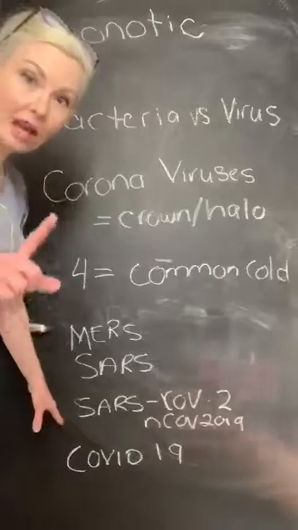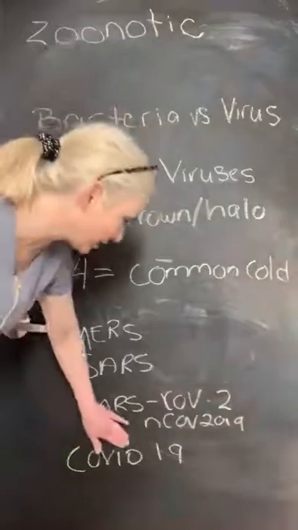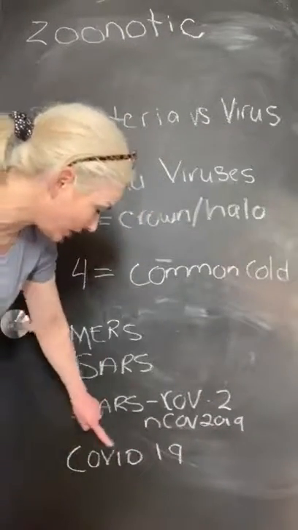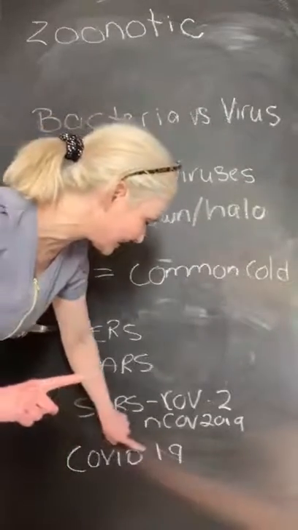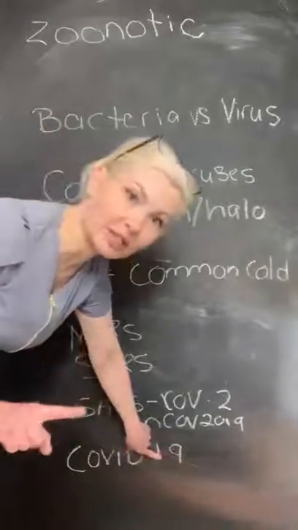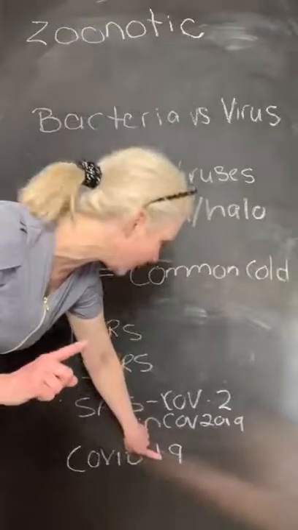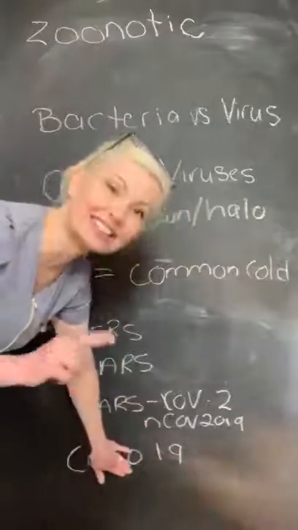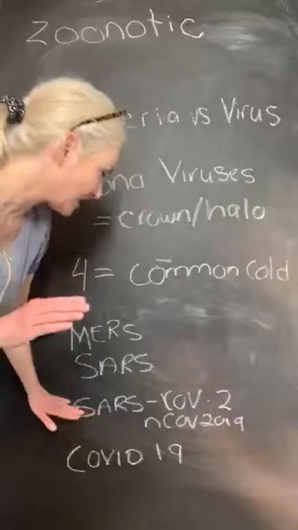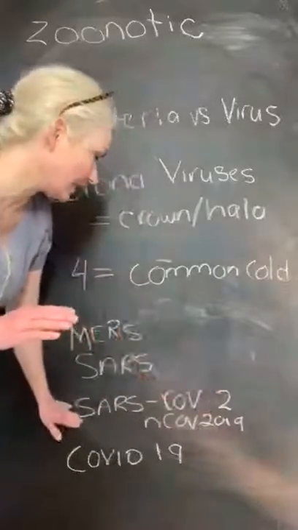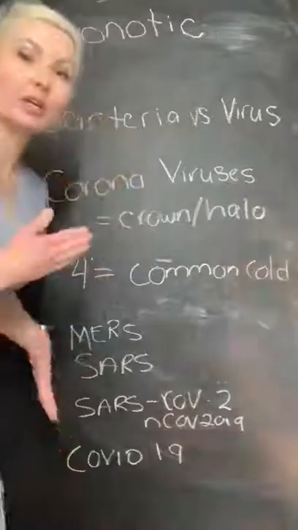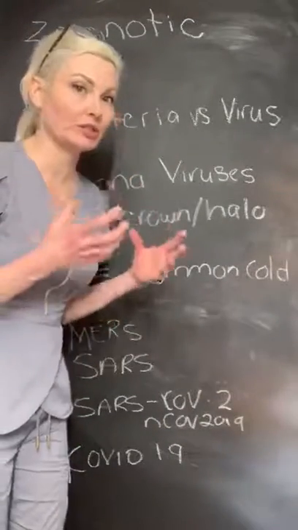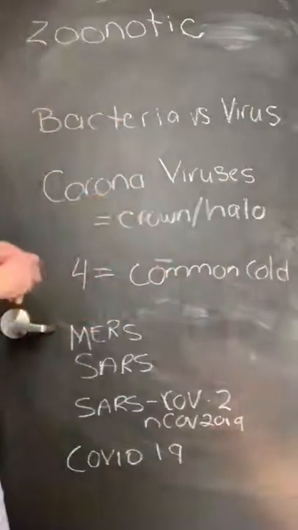And then the other term you may have heard is COVID-19. So COVID is coronavirus disease, coronavirus disease 19, because it was found in the year 2019. So COVID is the disease. SARS-CoV-2 is the virus. So these are different things. We're hearing in the media that they're being used interchangeably, but they're not.